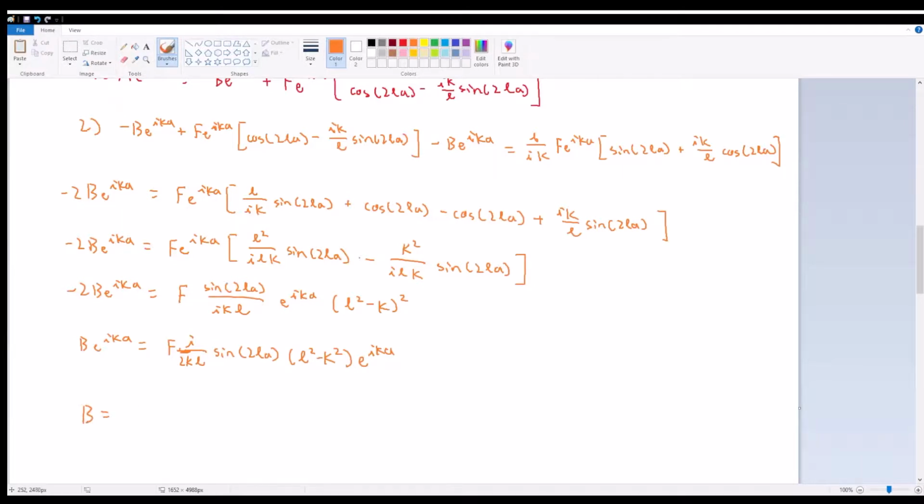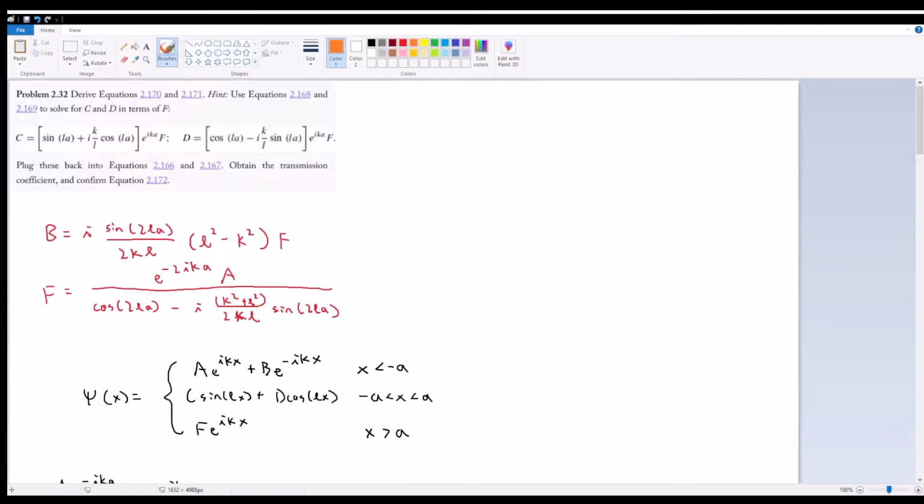B is then equal to i times sine 2la over 2kl times l squared minus k squared times f, where I cancel out the e to the ikas. And if we look above, this is exactly what we get. So with that, we have verified B.